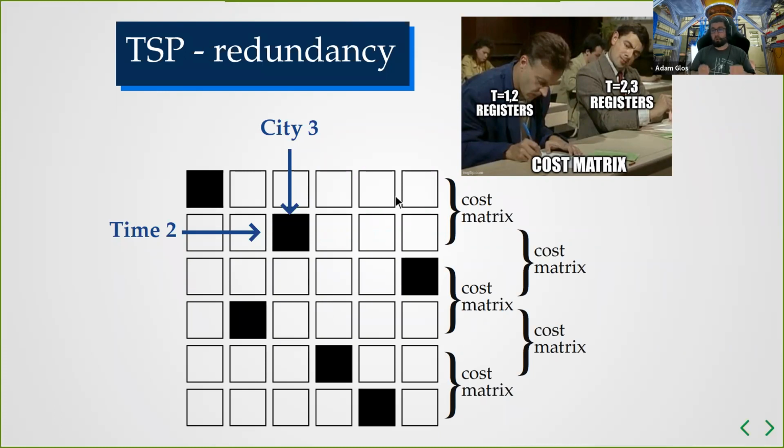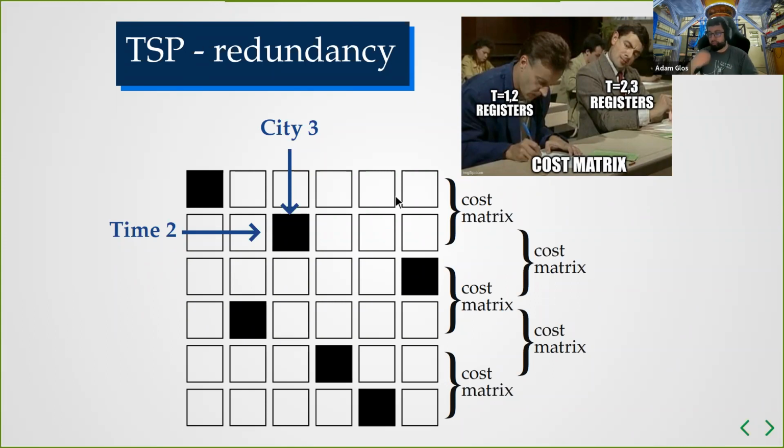Because of this, we artificially multiply the number of degrees of freedom, because this cost matrix is repeated n times in this representation. Since the cost matrix has n squared degrees of freedom, because there are that many pairs between cities, and we repeat it n times, then we have n cubed artificial degrees of freedom.